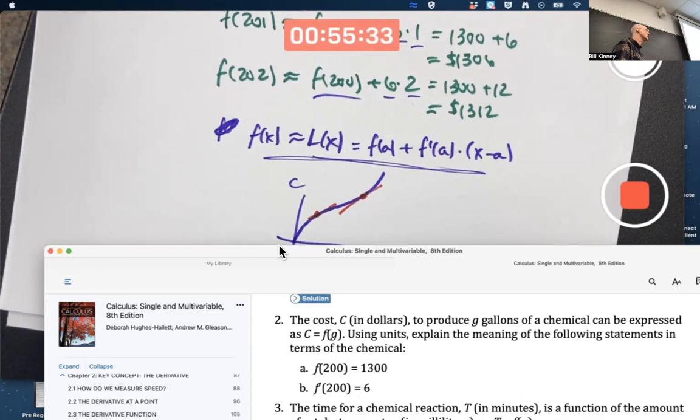Optimization being the big one. Another big one's called related rates. Those are big, important applications of differential calculus. These are more basic ideas. I'm not saying that means they're easy. Okay, people still have difficulty with them. But if you're going to understand the more advanced things, you've got to understand the basics.